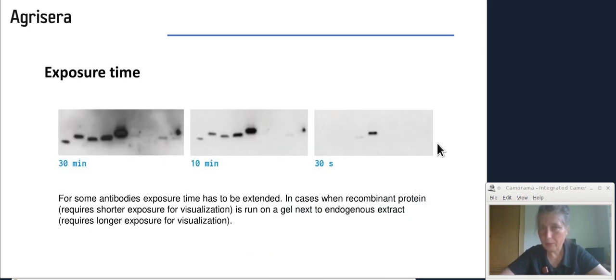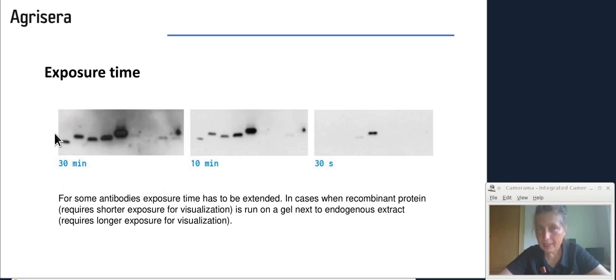Also, exposure time. When you work with an unknown antibody, it is good to extend the exposure time to simply check which bands will come up. Especially if you run in parallel a sample with recombinant protein and a sample from endogenous extract, the signal in the first sample will most probably come quite quickly, while a signal from endogenous protein can require longer exposure time.